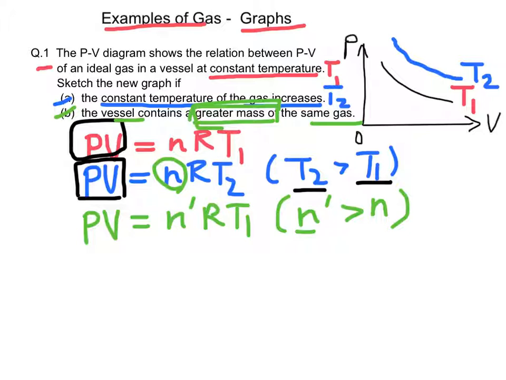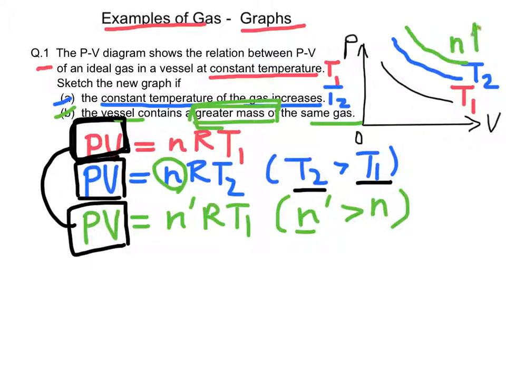As a result, the product of PV is larger than the product of PV at the initial temperature T1. Therefore, the new graph will also be higher than the previous one, for example, this one, for n increases.